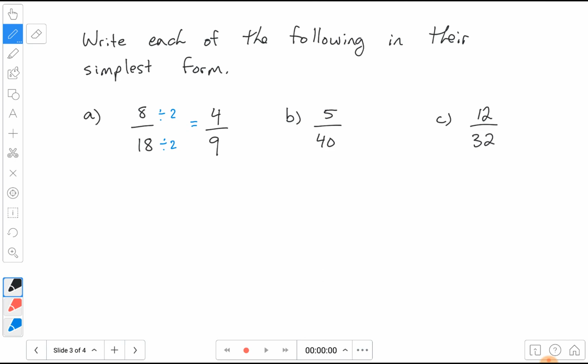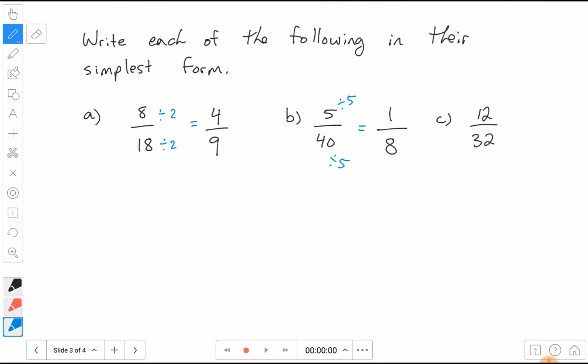Okay, 5/40. Both of these values can be divided by 5. 5 divided by 5 is 1, and 40 divided by 5 is 8. So 1/8 is the simplest form for 5 over 40. Let's look here at 12 and 32.